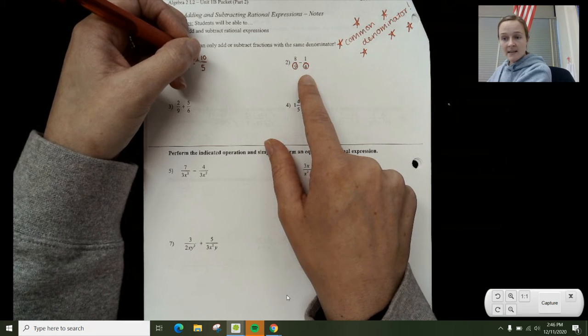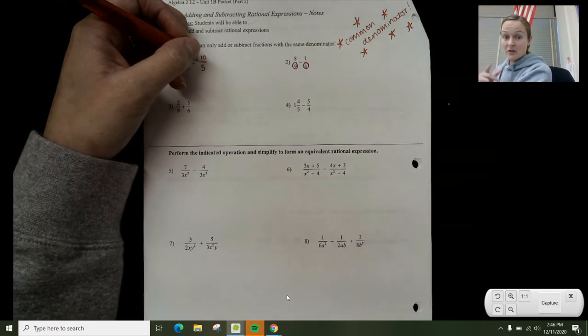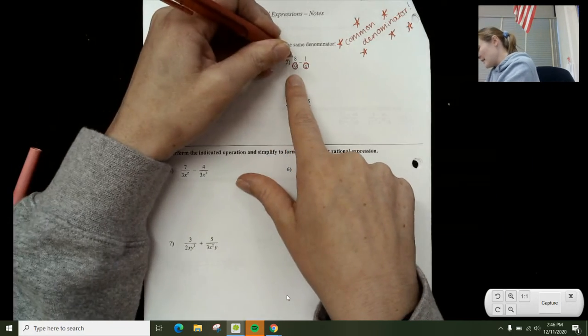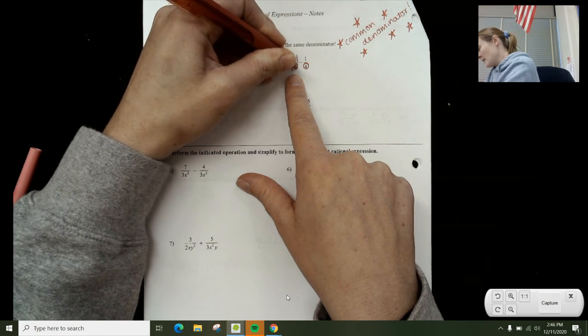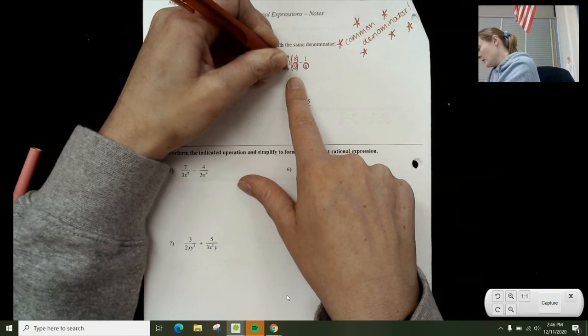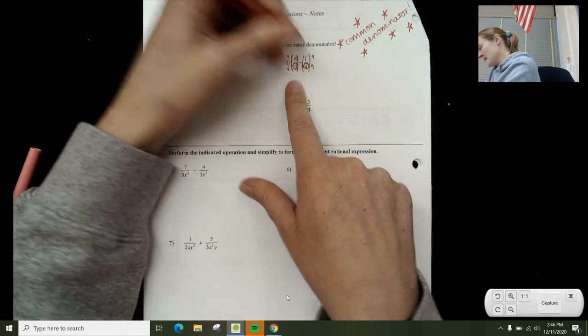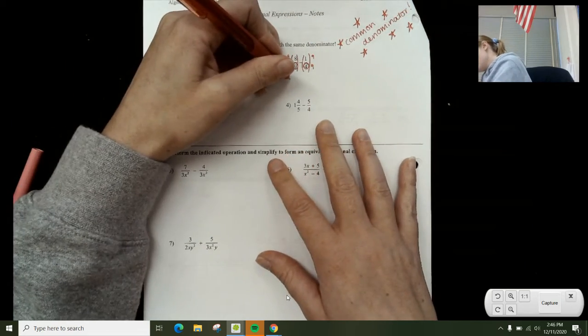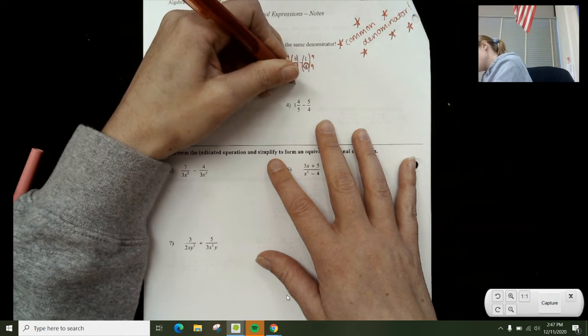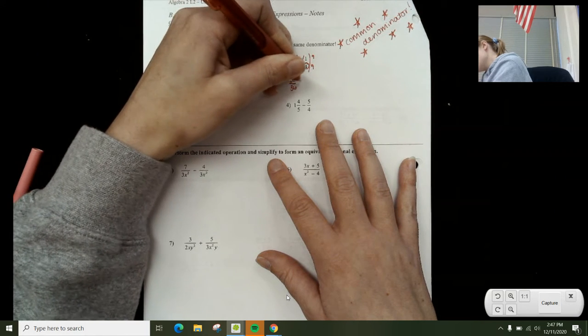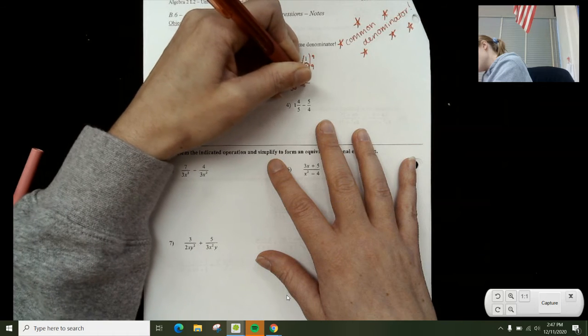One of the easiest ways to find a common denominator, I call it tradesies. So if I multiply this fraction by 4 over 4 and this fraction by 9 over 9, I then have 32 over 36 minus 9 over 36.